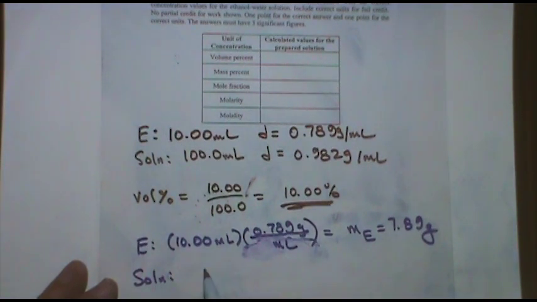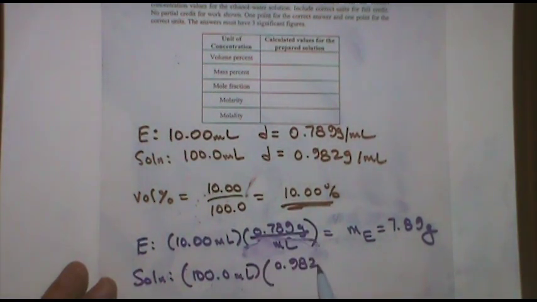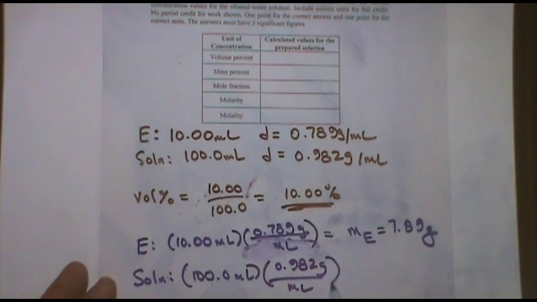Yeah, let's do the mass of the solution. That's an easy one. 100 milliliters times the density, just like before, 0.982 grams per milliliter. So the mass of the solution equals, I guess, just 98.2 grams.